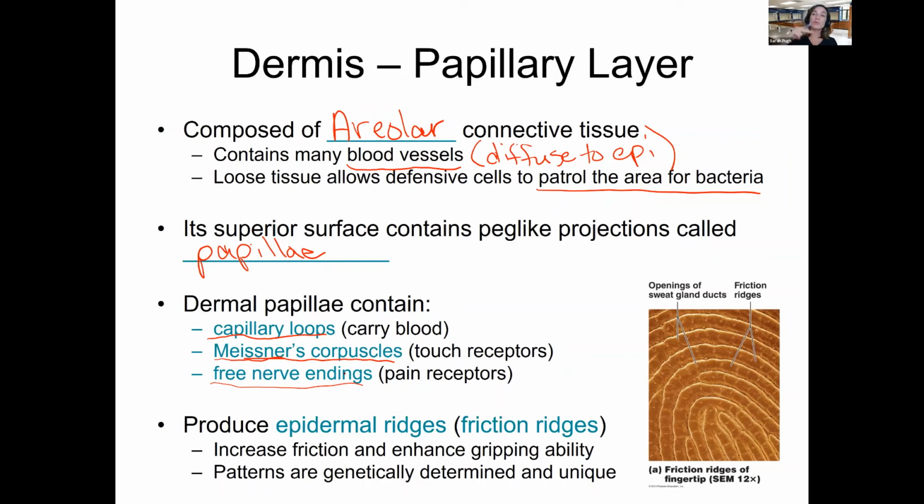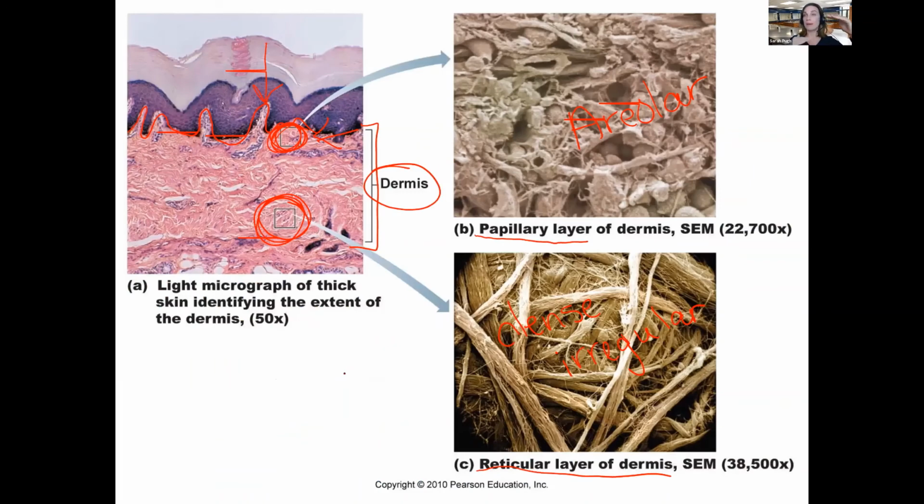Now, all these little papillae, these dermal papillae, are also going to help in other ways. I'm going to go back to this picture. I want you to imagine that the papillary layer of your dermis and the epidermis, instead of having papillae, let's say it's nice and flat and they come together like this. If you were to put friction on your skin, those two layers would separate. But instead, the epidermis and the dermis at that papillary layer come together like this.